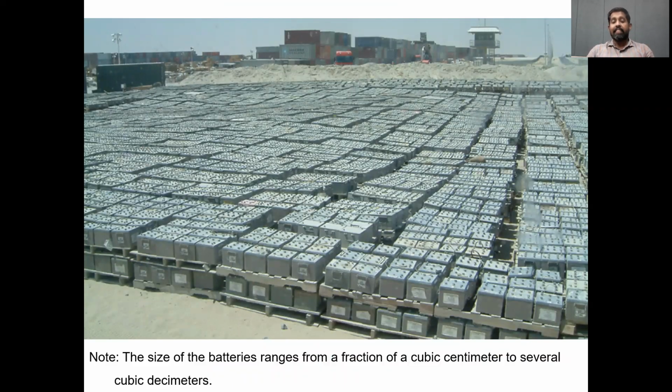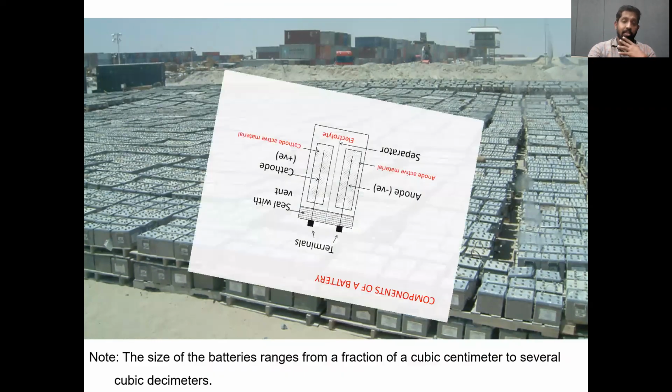It's a place where we are drawing power to power a huge industry. See the batteries which are kept. The size of the batteries ranges from a fraction of a cubic centimeter to several cubic decimeters. So you can imagine, if you want more power, you need to have more batteries.